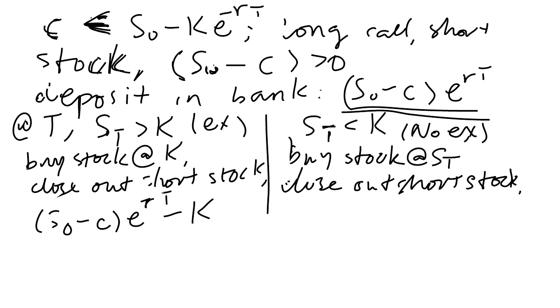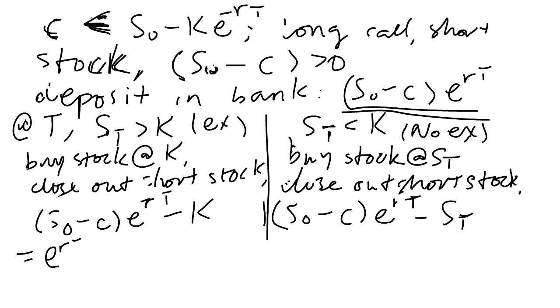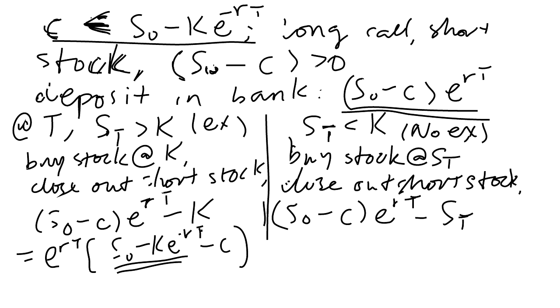And this one, to the left hand side, this whole thing is greater than 0 because if you extract exponential RT out, you get S0 minus K exponential minus RT minus C. Since the call is less than this boundary, this boundary minus call should be greater than 0.